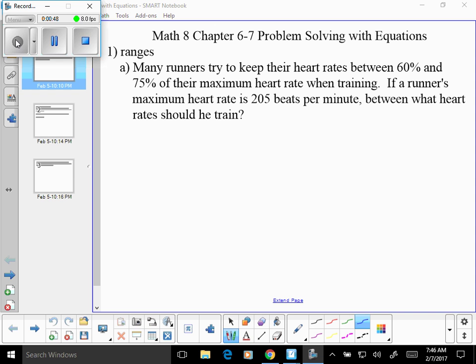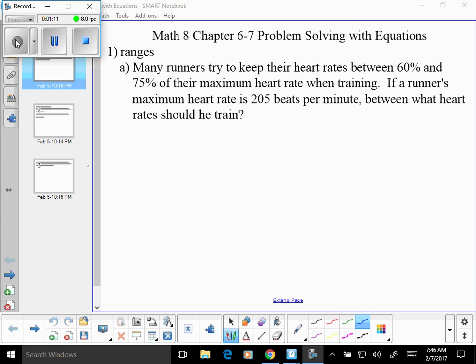In these types of problems, they are going to be giving you two different percents. For example, in this one, they say that runners try to keep their heart rates between 60% and 75% of their maximum heart rate when training. You've probably seen people who wear kind of like a Fitbit or a monitor.